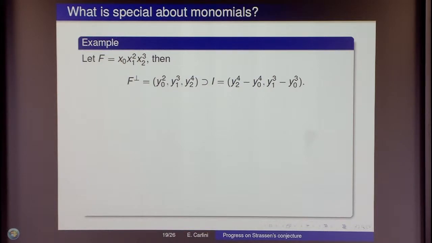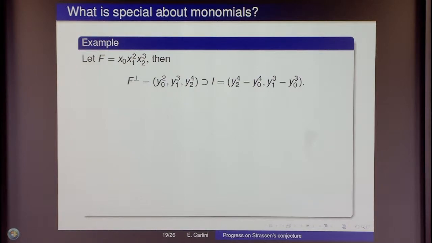And inside this f perp, it's clear that we have this ideal here. From my point of view, this y2 fourth power minus y0 fourth power is a collection of 4 distinct lines like this. And when you look at y1 cubed minus y0 cubed, this is a collection of 3 lines like this.